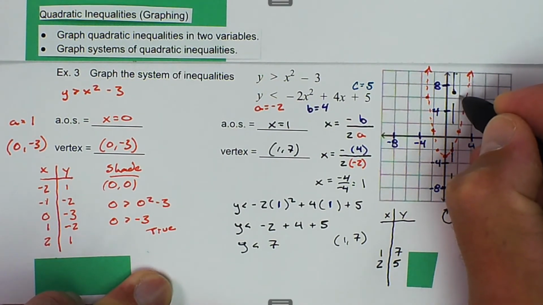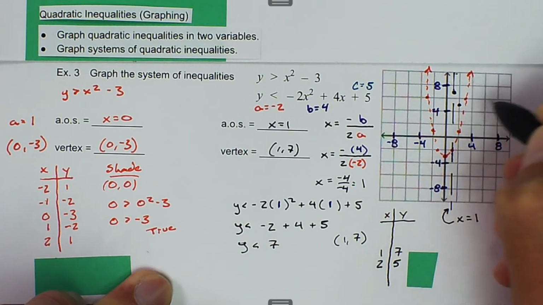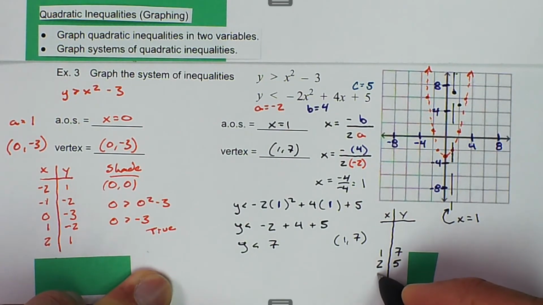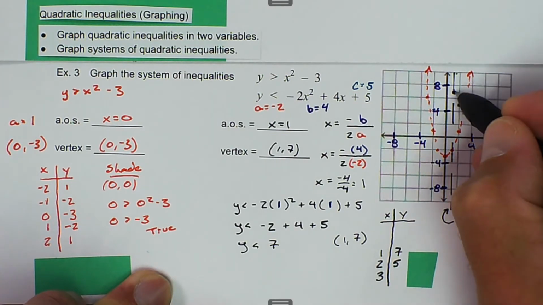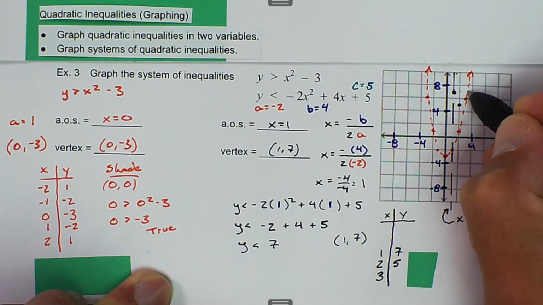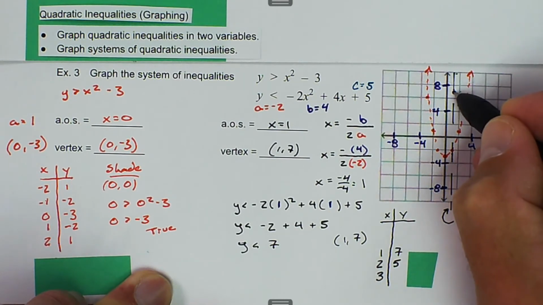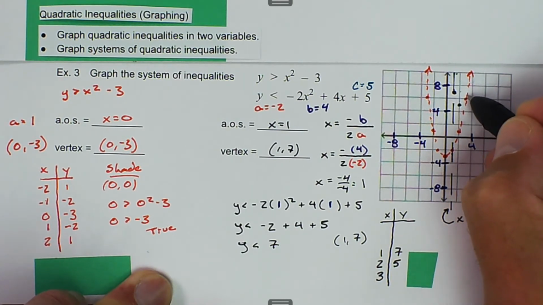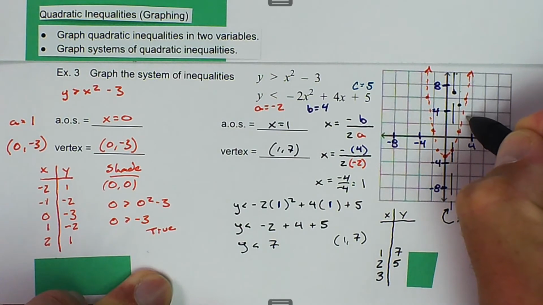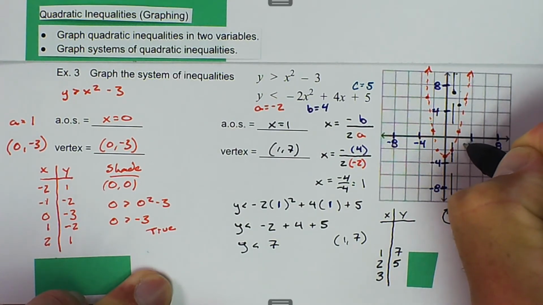Right 1, down 2. And then we go to the right 2, which puts us at 3, and then we go down 8.